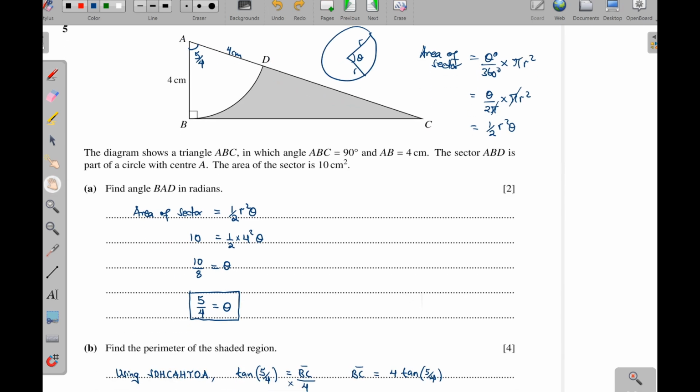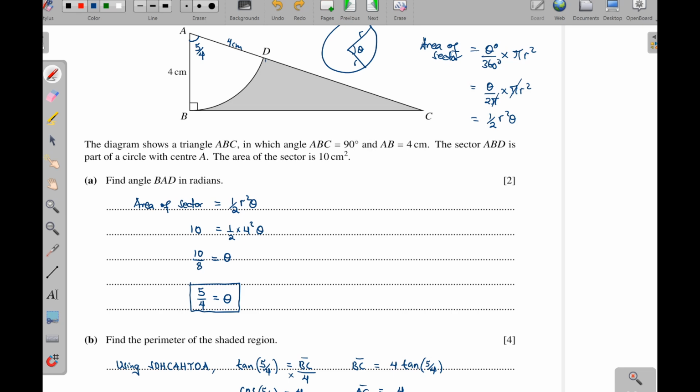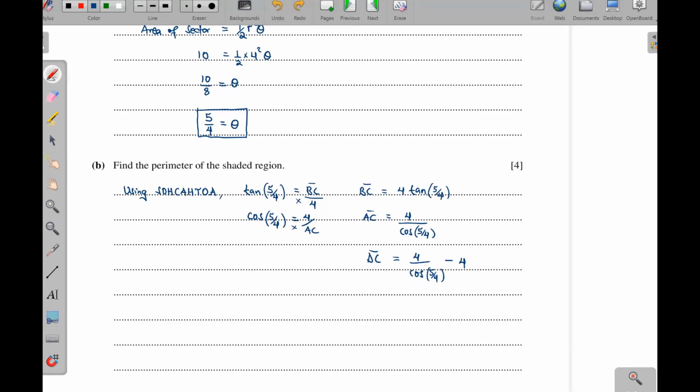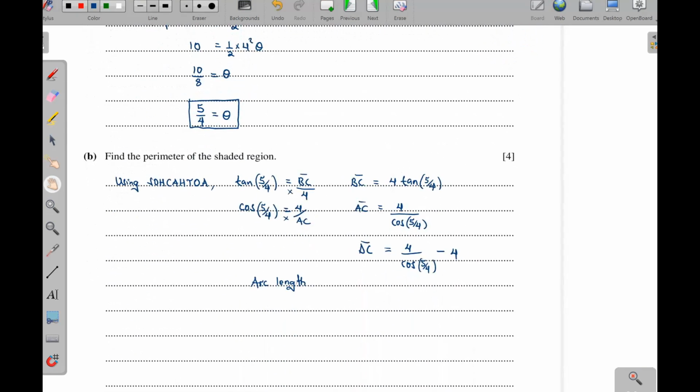Then after that, we need this arc length here, BD. And arc length, you know that it is r theta. So BD is equal to r, which is 4, times theta, which is 5/4. And that one gives us a 5.